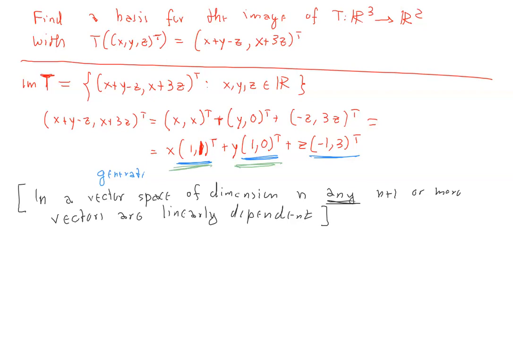So the basis consists of the vectors 1, 1 and 1, 0, which means that the image T has dimension 2. Since it has dimension 2, it's the whole R2. So image T is all of R2.